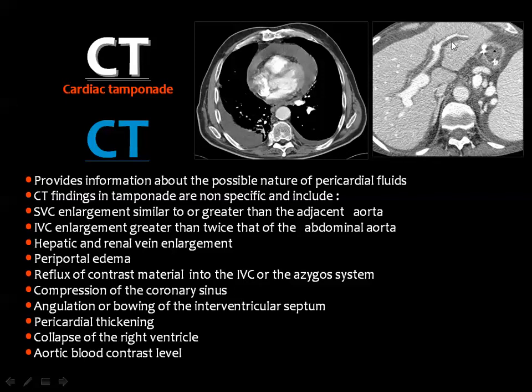This is periportal edema, a reflux of contrast into the IVC during the arterial phase, compression of the coronary sinus, angulation of the interventricular septum, pericardial thickening, collapse of the right ventricle, and aortic blood contrast level.